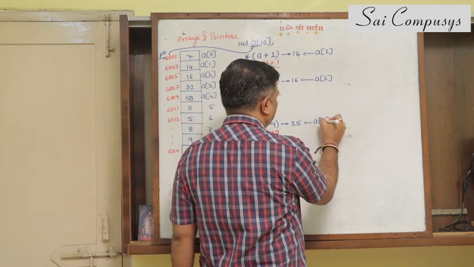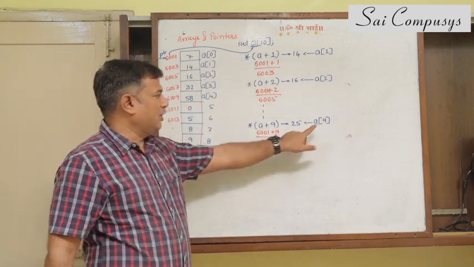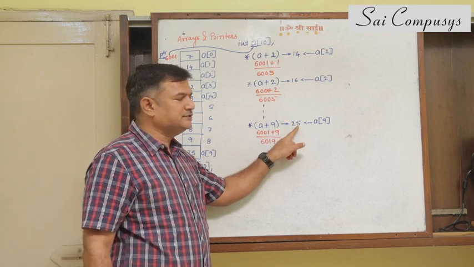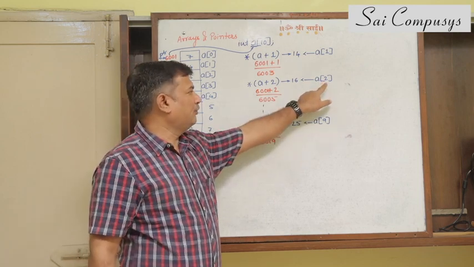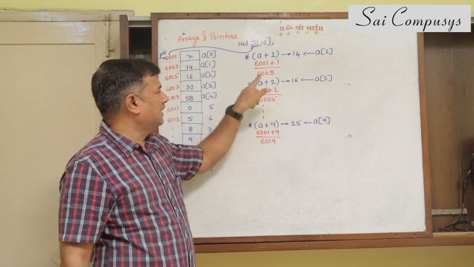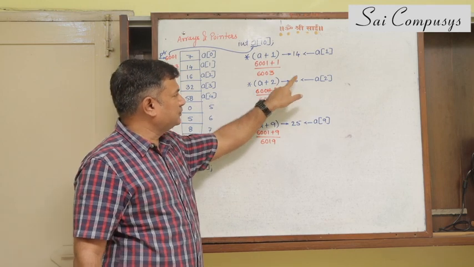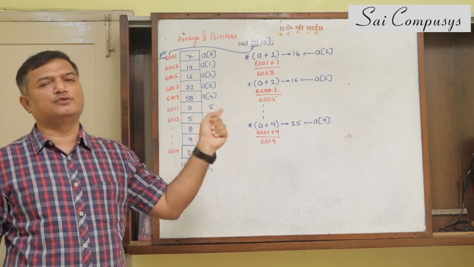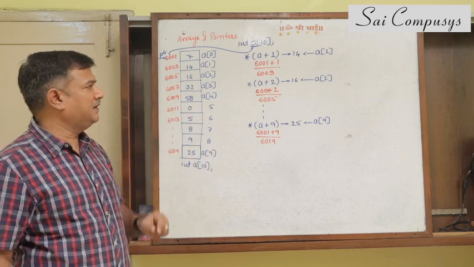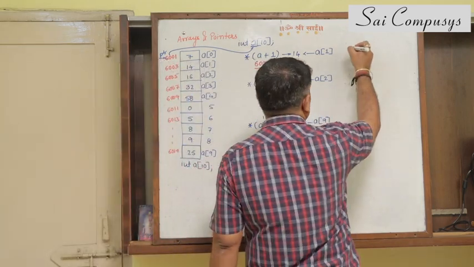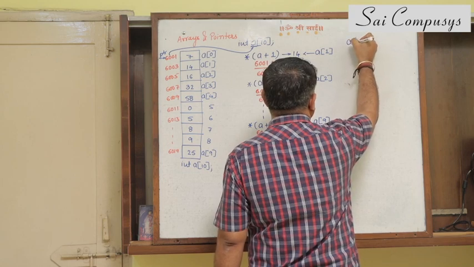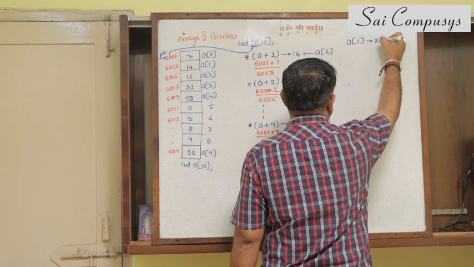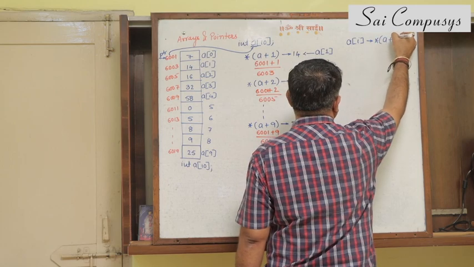So you can see A of 9 gives me 25, *(A+9) also gives me 25. A of 2 gives me the number 16, so writing *(A+2) also gives me 16. A of 1 is 14, *(A+1) is also 14. So here I can derive a relation that A[i] that we write for element of an array can be internally written as *(A+i).